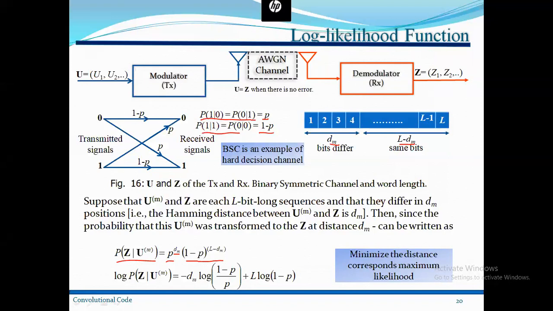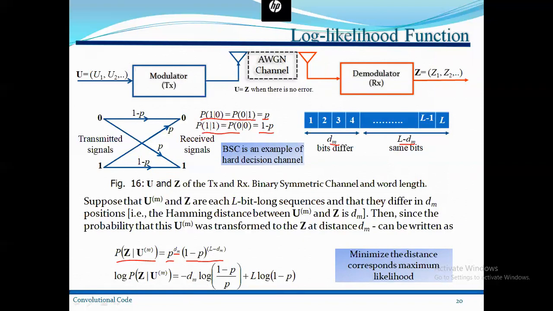So we have minus dm log((1 minus p) over p) plus L log(1 minus p), because we separate the dm terms among this sequence and we separate the L terms in the sequence.